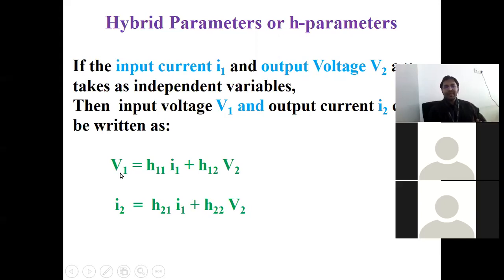I am saying that V1 is a function of I1 and V2, and similarly I2 is a function of I1 and V2. This is the mathematical form of saying this.